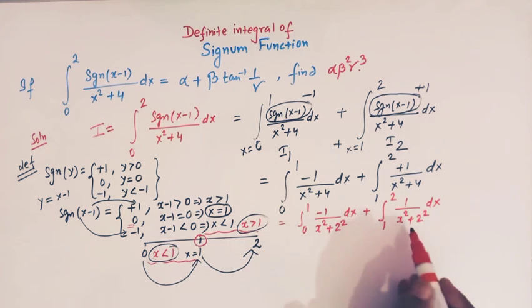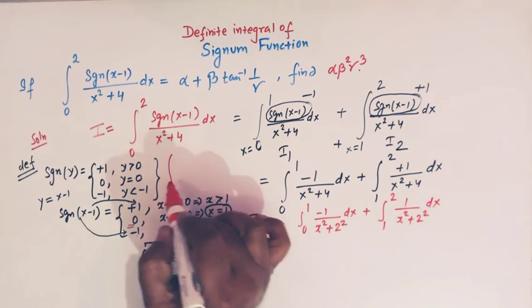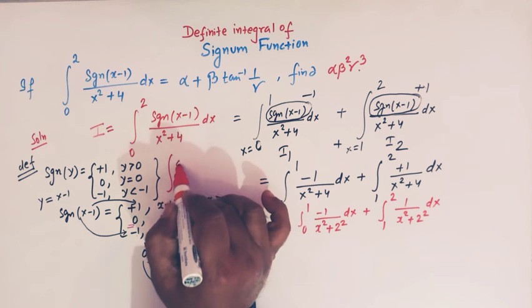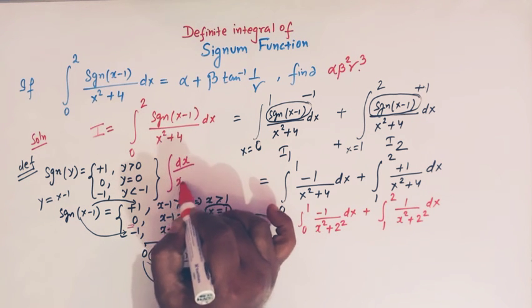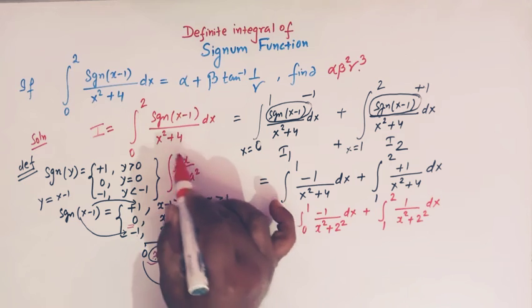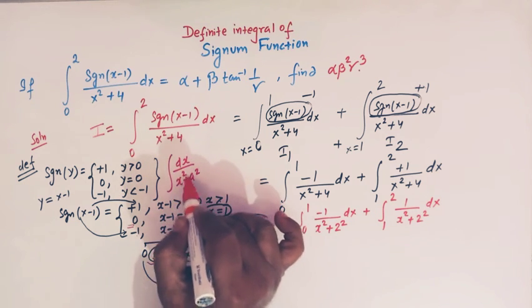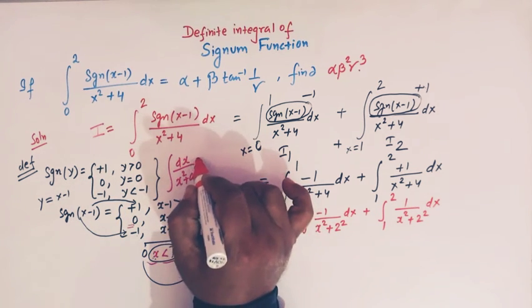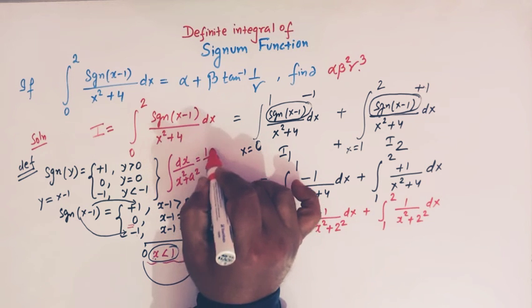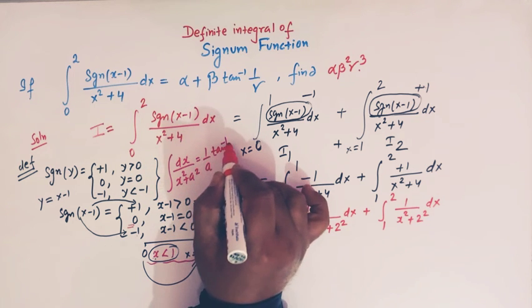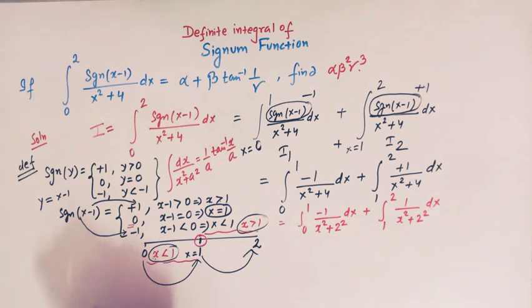Now we can make use of an important result: the integral of dx over x square plus a square is equal to 1 over a tan inverse x over a, right?